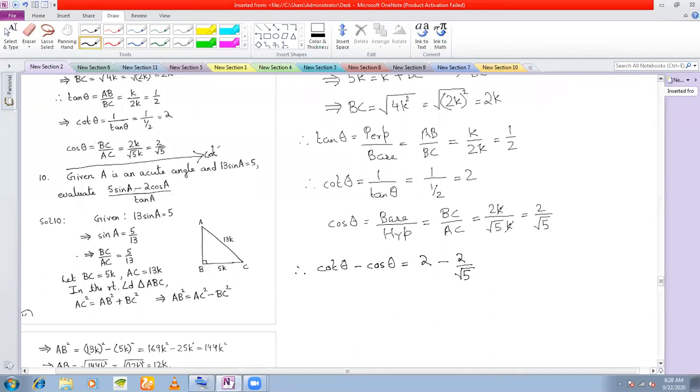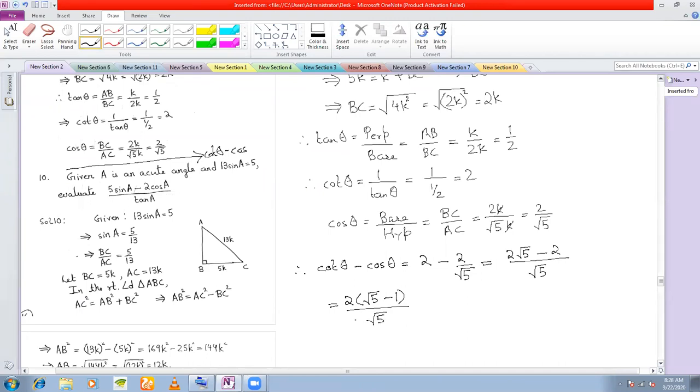I have forgotten to find the value of cot minus cos, so I'm finding it here. If you take the LCM, you get 2 root 5 minus 2 by root 5, which is twice root 5 minus 1 by root 5.